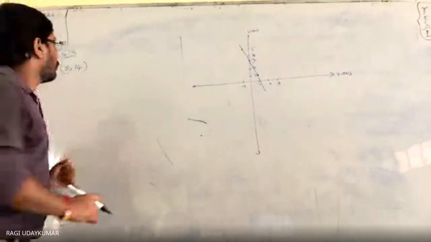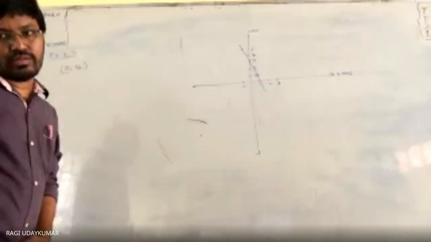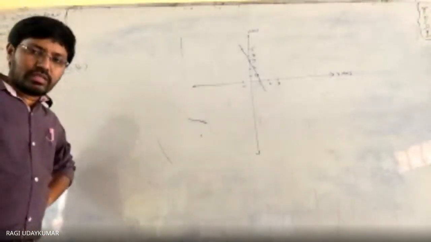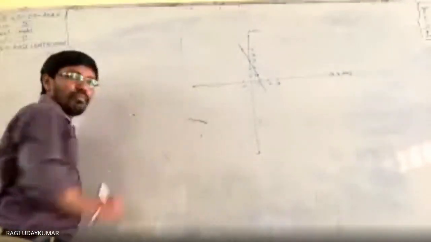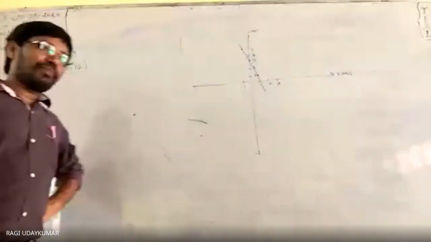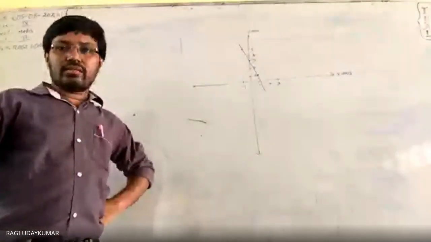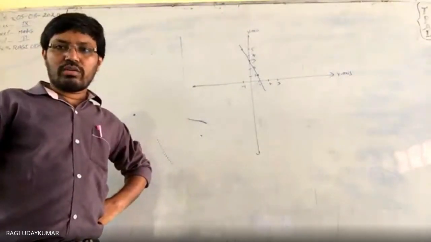First you tell me, passing through this point, how many lines will be there? एक पॉइंट की थ्रू, इस पॉइंट की थ्रू कितनी लाइंस जा सकती हैं? How many lines can pass through this point? Don't know.